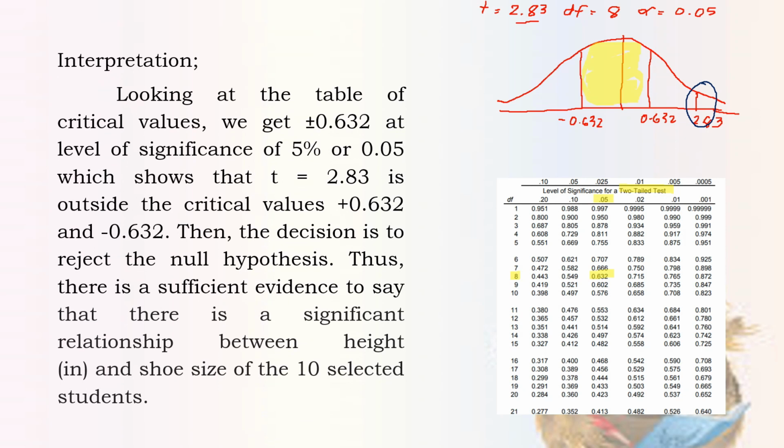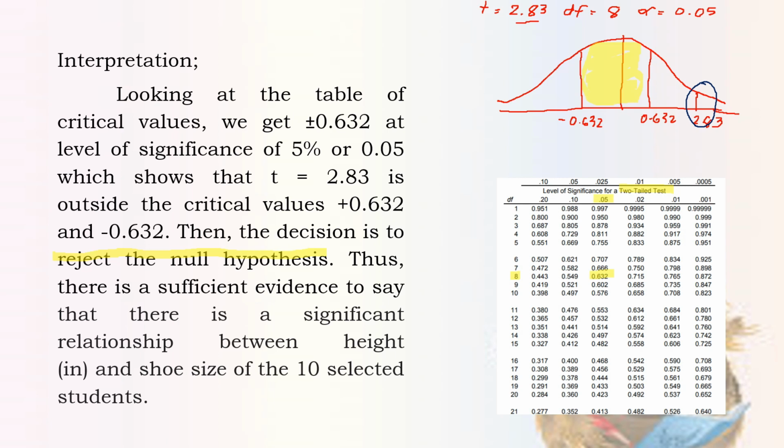What will be the interpretation? Looking at the table of critical values, we get positive or negative 0.632 at a level of significance of 5% or 0.05, which shows that the 2.83 is outside. Then the decision is to reject the null hypothesis.